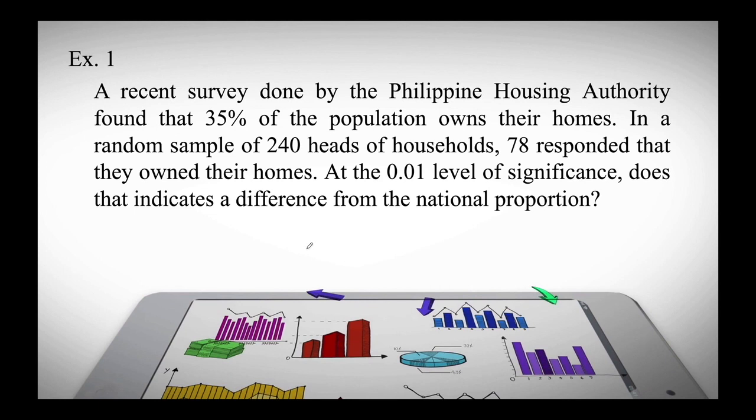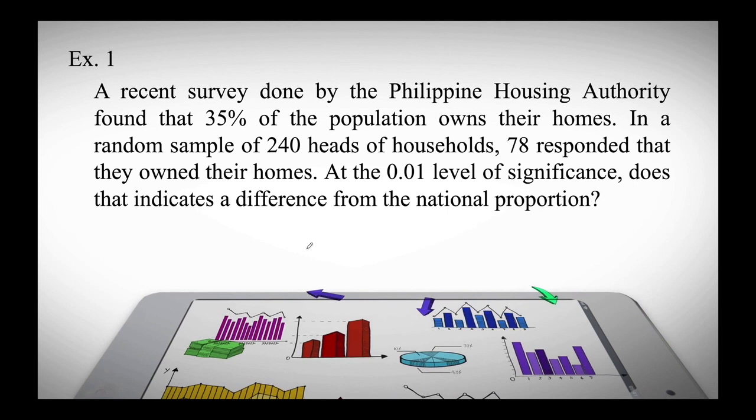At alpha level 0.01 level of significance, does that indicate a difference from the national proportion?